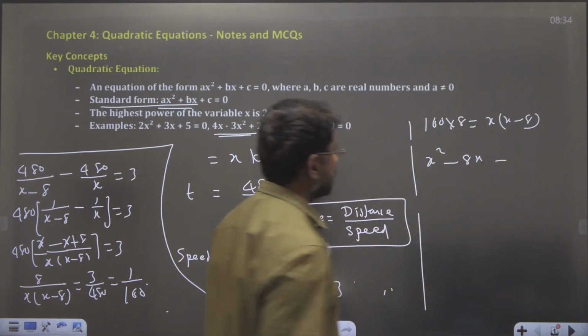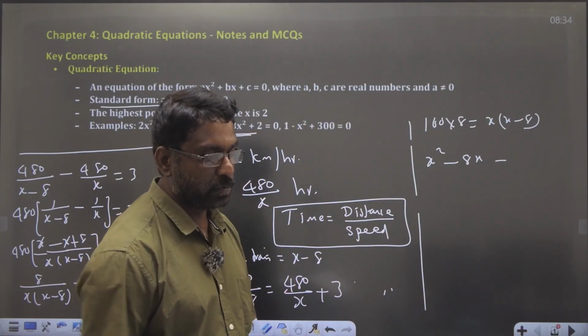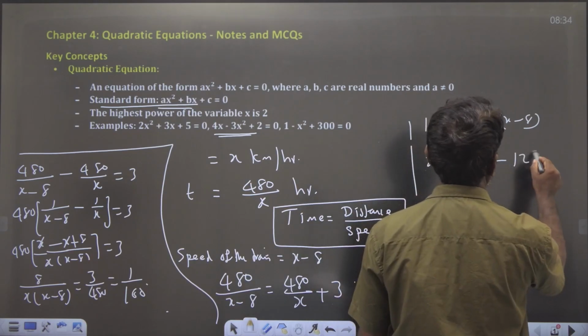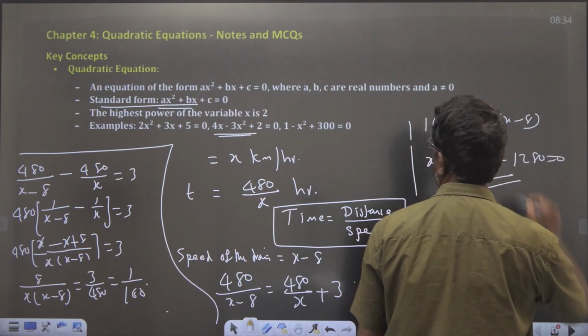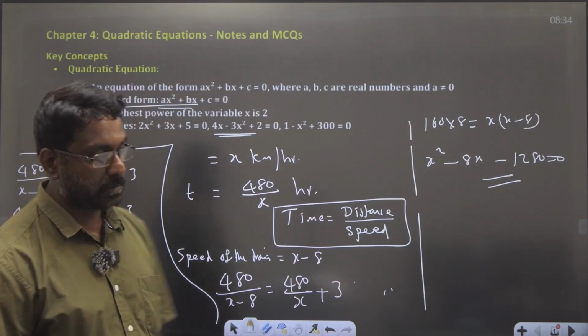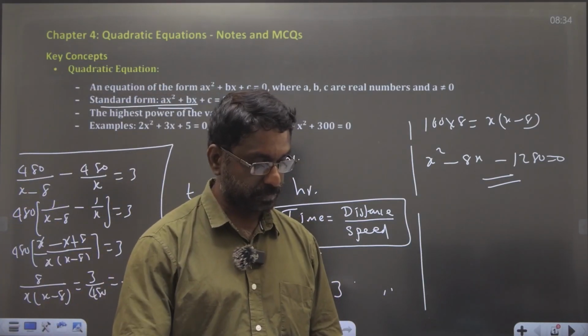Take this to the right hand side: 160 into 8, that is 1280 equal to 0. This is the final answer.